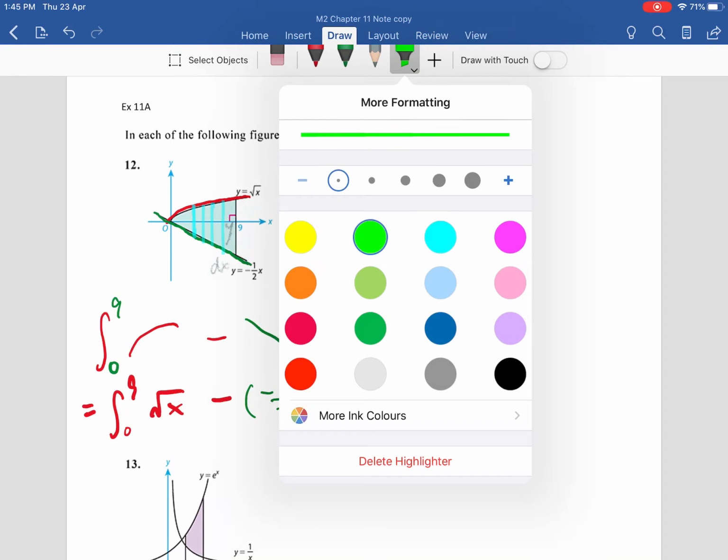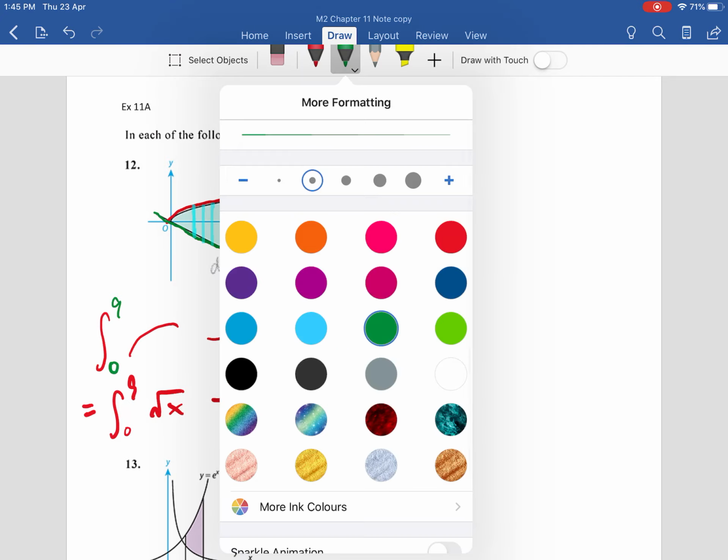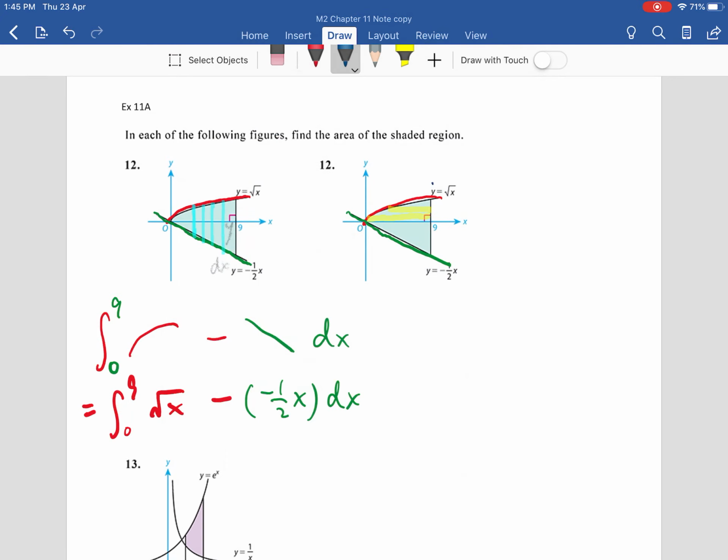But some students may think that they can cut it horizontally. Then you see that the upper part above the x-axis is, I draw one more color, the blue line. This is the blue line, x equals 9.